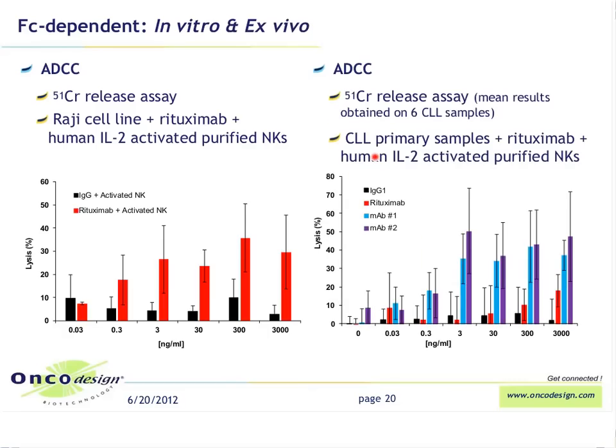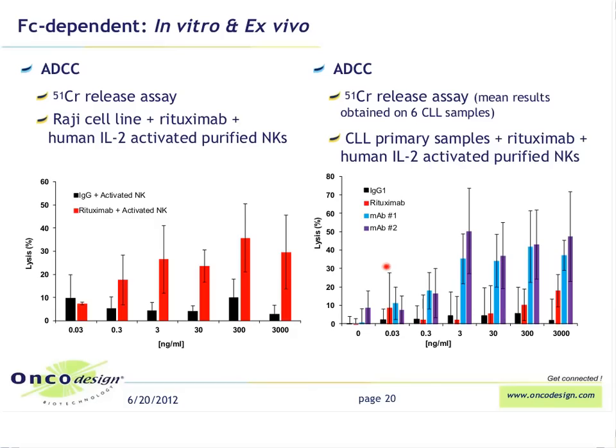I said before that it's very interesting to test primary samples in this preclinical evaluation of antibody function. Here is an example of CLL samples tested in the same condition as Raji before, with rituximab as the therapeutic antibody in the presence of human IL-2 activated and purified NKs.